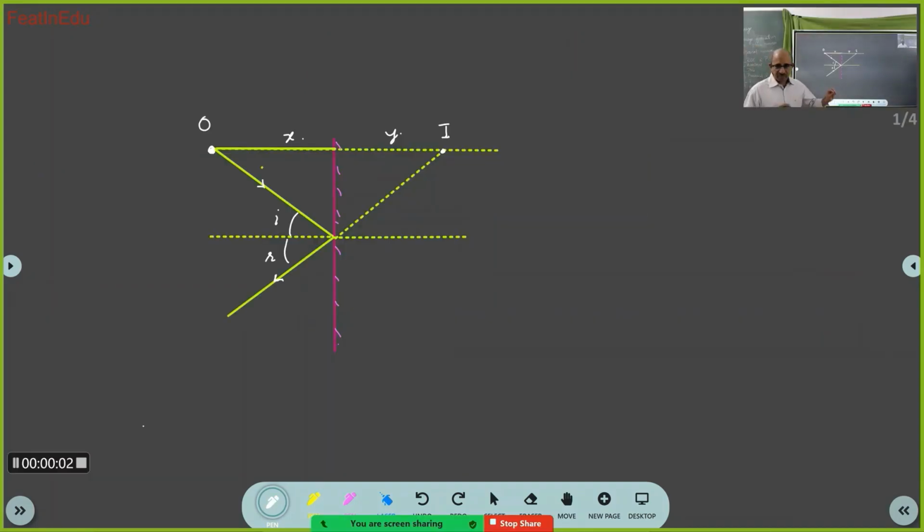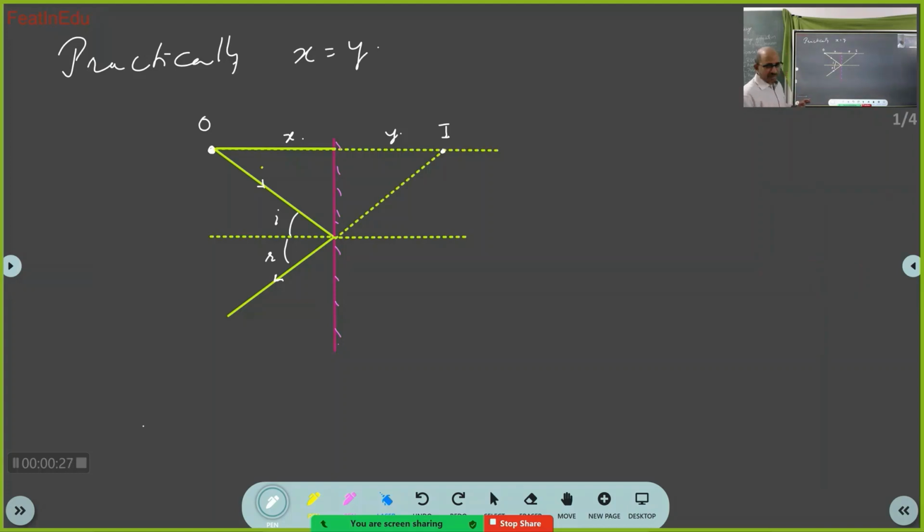Yesterday we saw that we had kept an object in front of a mirror and we got its image, and practically we measured what we got. Practically we saw that x is equal to y. Now we have to prove x is equal to y geometrically.